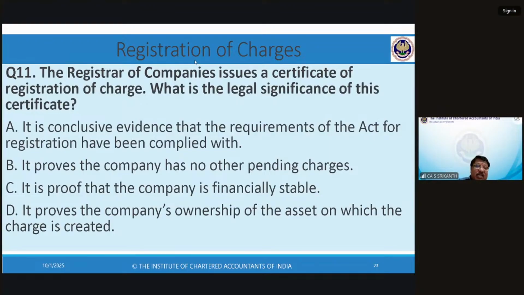The certificate is given in CHG 2. See, in the exam, they will not expect you to write the form. They may ask questions, but if you write it, you're getting some additional marks. But all of you are correct. A is the correct answer. You are right.